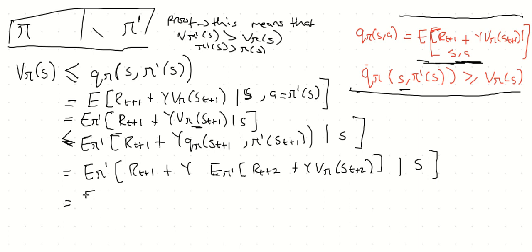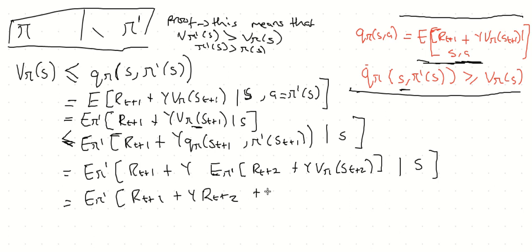This is equal to the expectation over pi prime of R t+1 plus gamma, and we can take out R t+2 because this expectation does not depend on pi prime. And again we can take this out because this is pi, but it does not depend on pi prime.